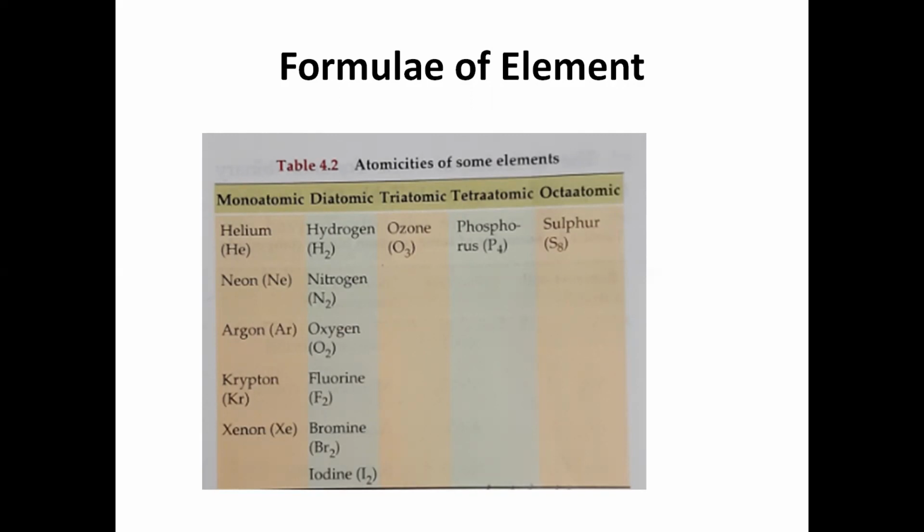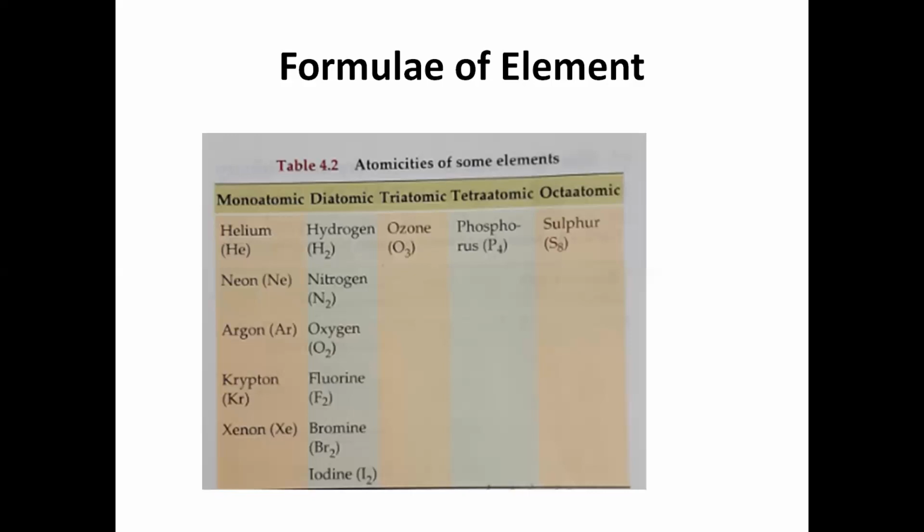They contain only one atom of the element. Hence, the molecules are represented as He, Ne, and Ar. These gases are said to be monoatomic.